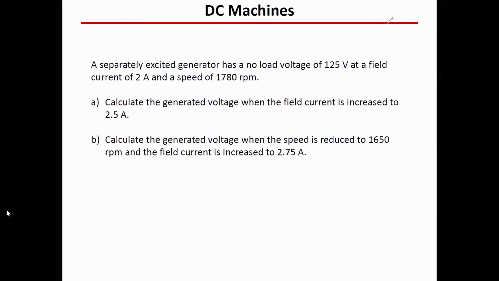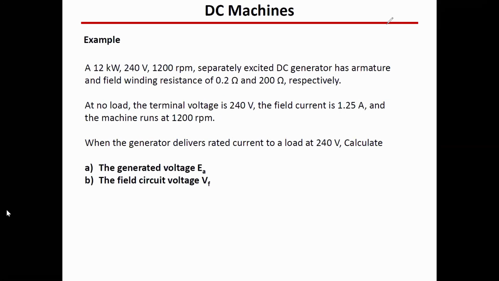Clear, but isn't VF the same as the 240 voltage? No, the terminal voltage is VA. So this is VA, not VF. We're not mentioning VF in the question; we need to find it later.